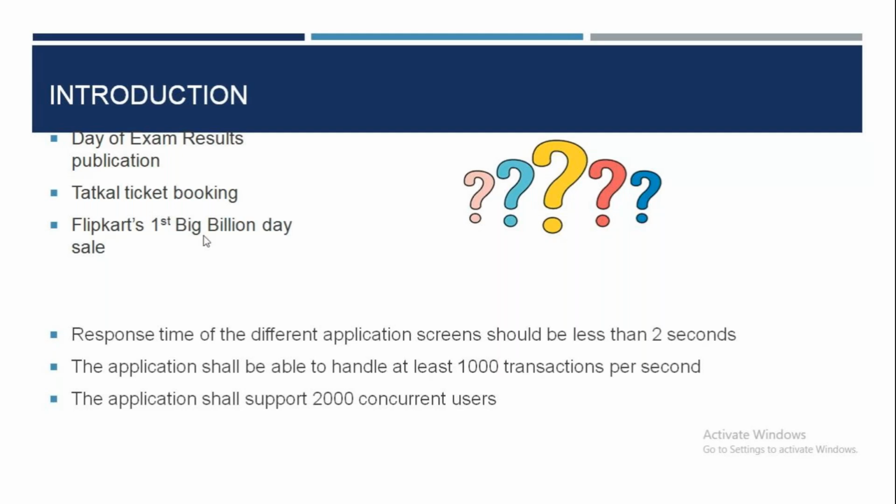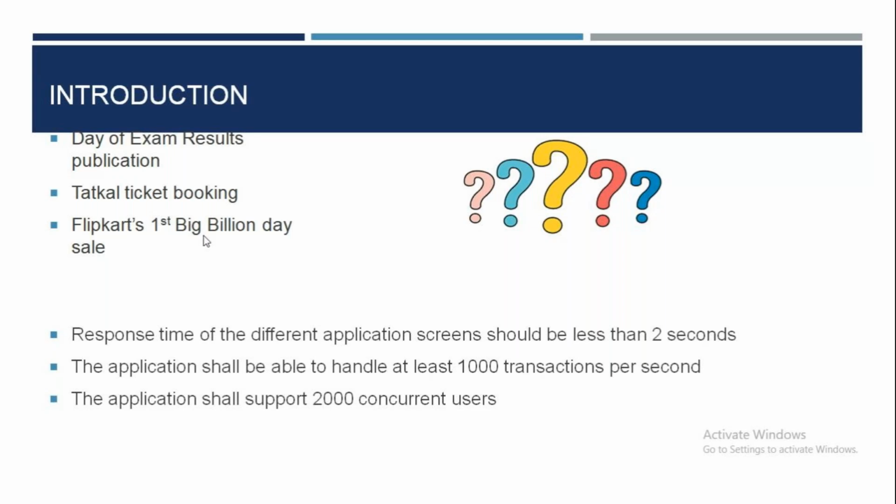Can I trust my application? Can it give the same performance over a longer duration of time? So these three factors, speed, scalability, and reliability, are verified, are checked with the help of performance testing. We'll dive into more details on them.